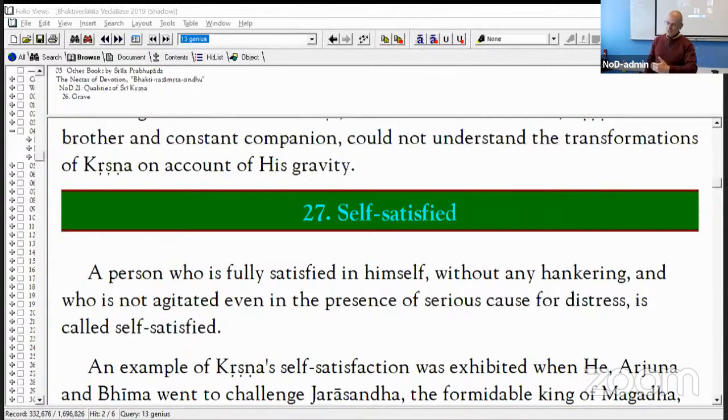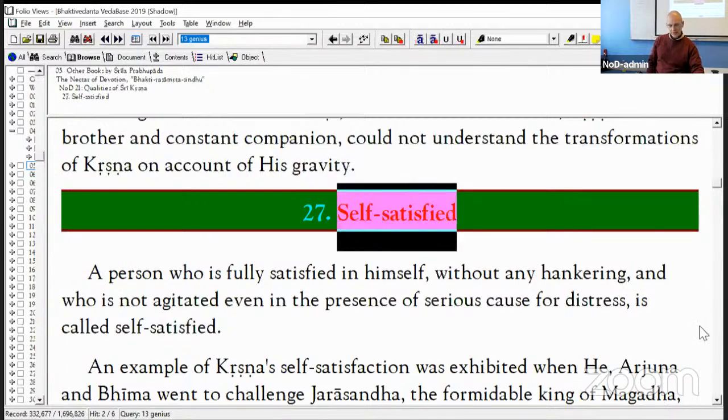For that, you need another quality. You can think, okay, a trillion years is a trillion years, but, you know, a nice chestnut is a nice chestnut. So if you are able to keep steady, then you are a dhira. And here, I think it's a sort of a swap. Self-satisfied is the cause of being dhritiman, meaning that you are able to be dhira if you are self-satisfied.